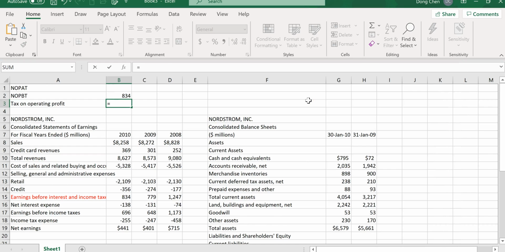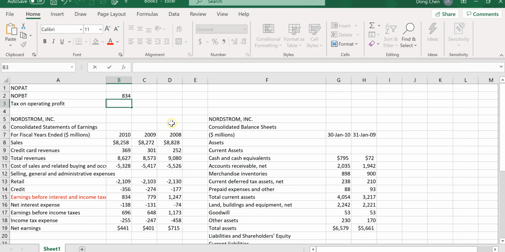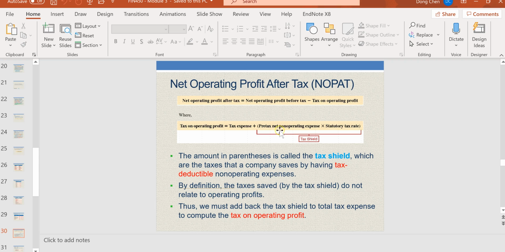The formula is tax expense plus the pre-tax net non-operating expense times statutory tax rate. By the way, all these numbers should be positive numbers.